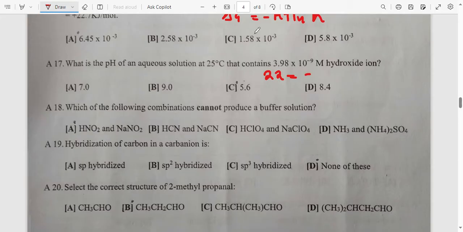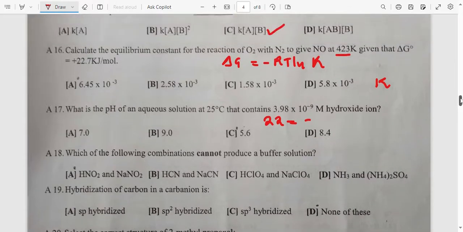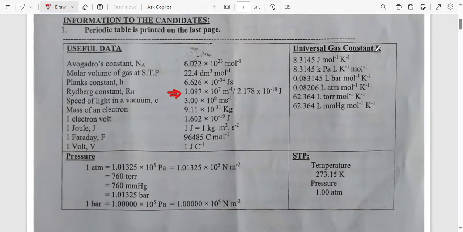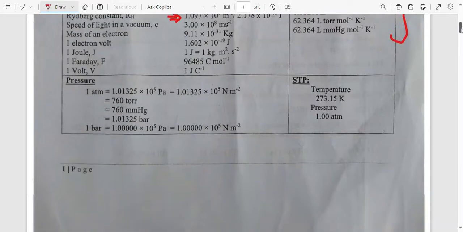Your temperature is in Kelvin, and delta G is in kilojoules per mole. So pick something that has Kelvin and joules per mole, because R is going to have a lot of units. So you go for this one, 8.3145.